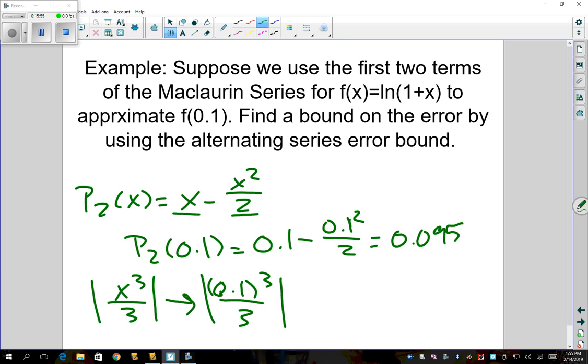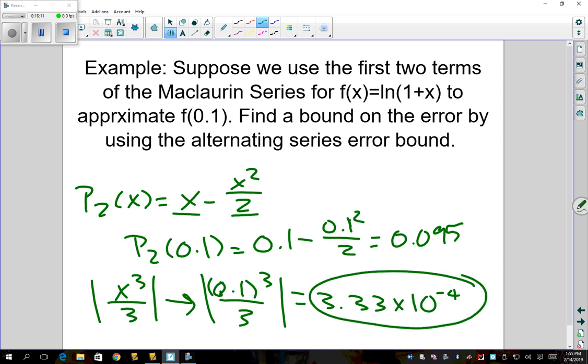When I take that absolute value, I find that it is about 3.33 times 10 to the negative 4th. So this number right here is my error bound for this alternating series. And if we go through the Lagrange error, we're going to find that this is a pretty good estimate for the error. It's a pretty good bound.